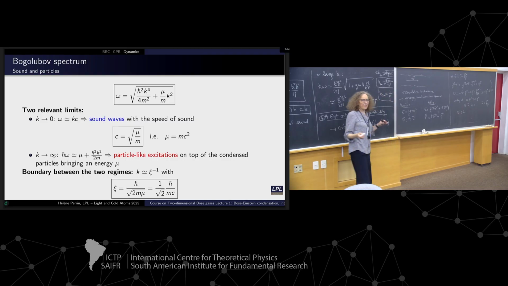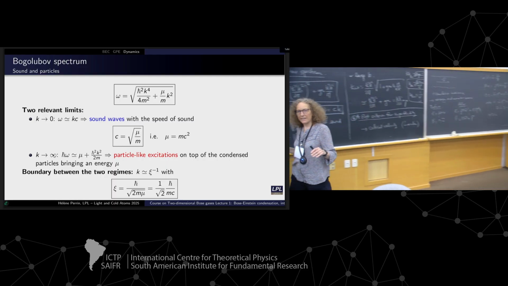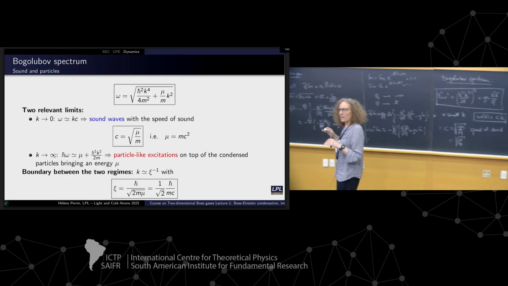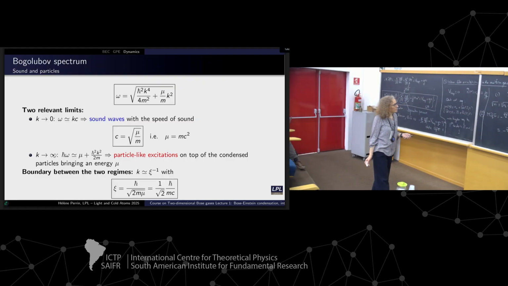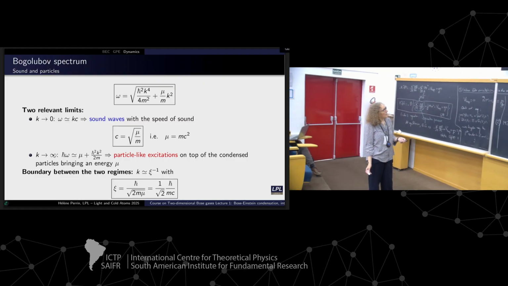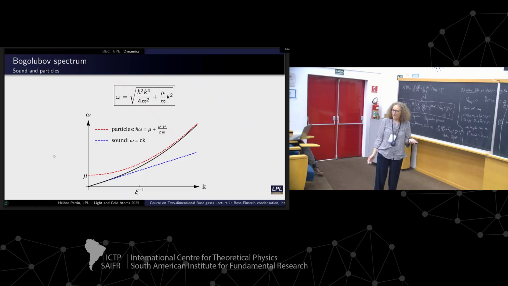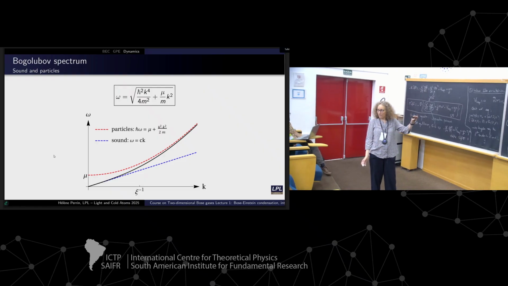So if k is smaller than 1 over xi, it's the small k regime. If k is greater than 1 over xi, it's the large k regime. Okay, and this is how it looks. At small k, it's linear with k, with the speed c. At large k, it goes very close to the red line, which is a parabola shifted by mu. And the limit between the two regimes is given by xi minus 1.